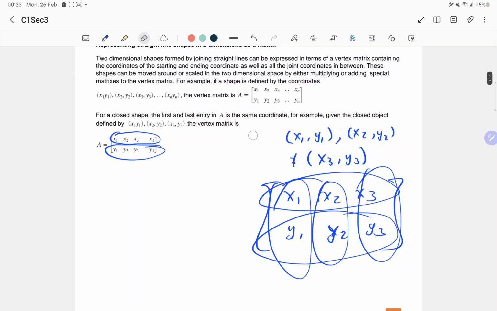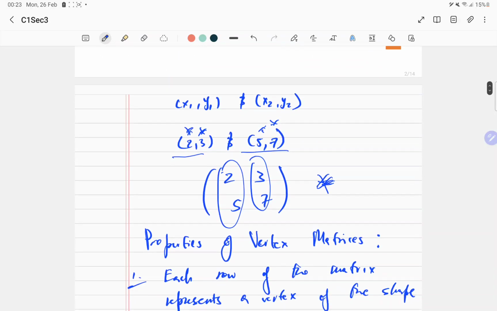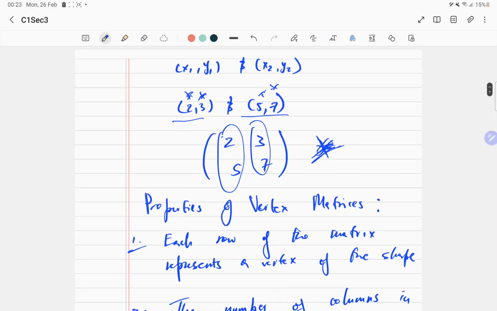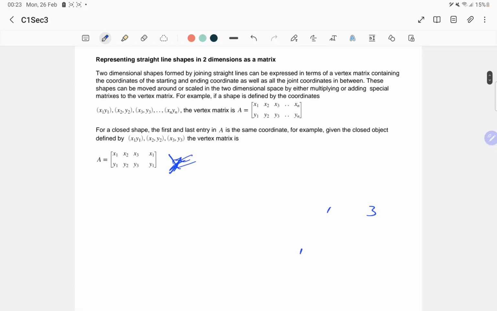So we're going to be using this representation throughout, not the one that I talked about, but they're both valid and they're both correct.